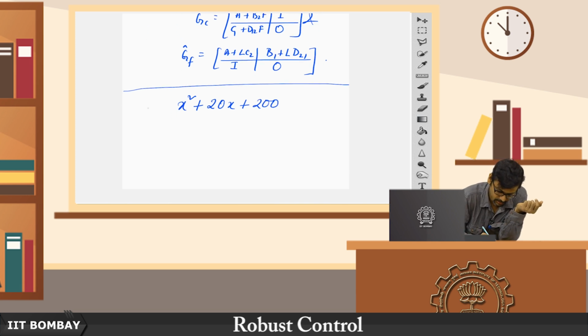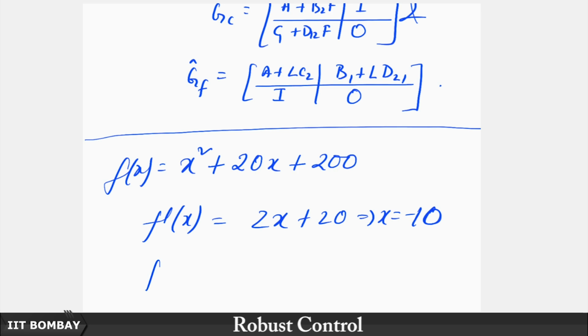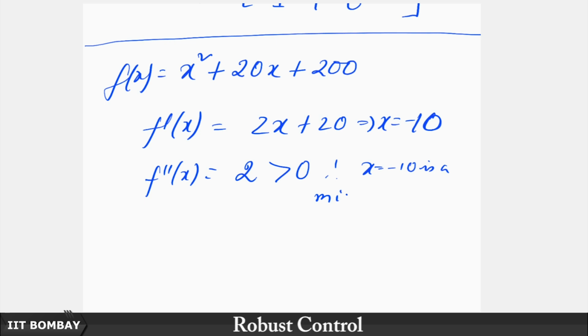Now, of course, if you want to minimize this polynomial, you can evaluate f prime x, the derivative, and you can get that x is equal to minus 10, and then you go ahead and check that f double prime x is equal to 2, which is greater than 0, therefore, x is equal to minus 10 is a minima.